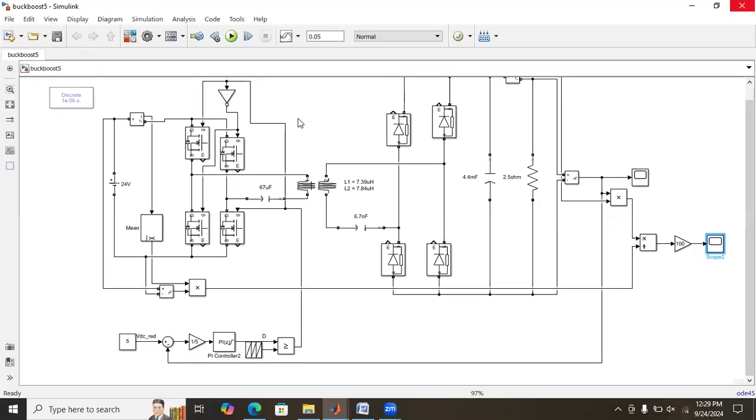Okay, by varying the coupling coefficient, we can simulate the circuit with varying distance. So the efficiency is reducing by reducing the coupling coefficient.